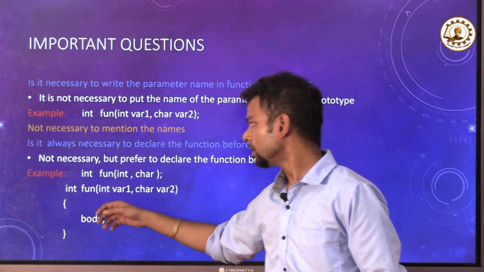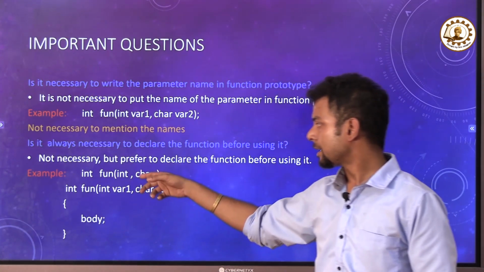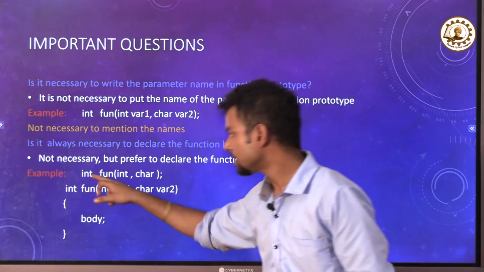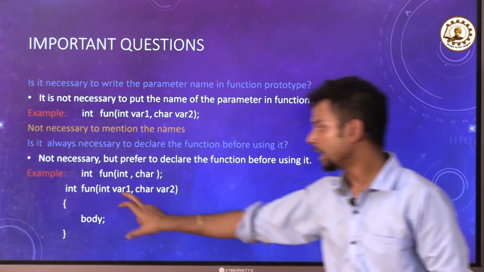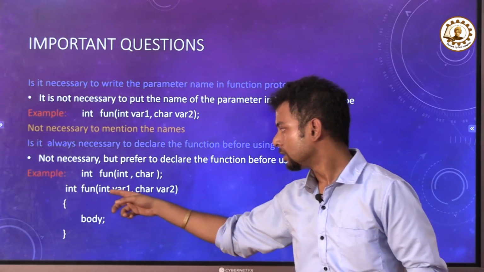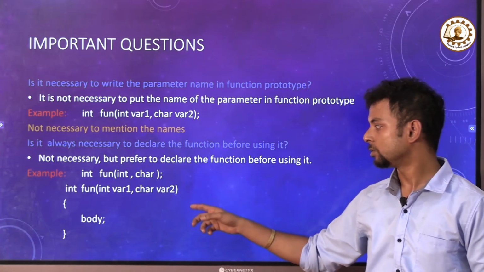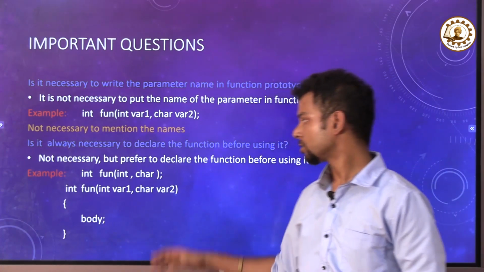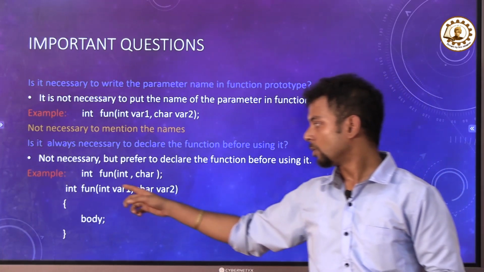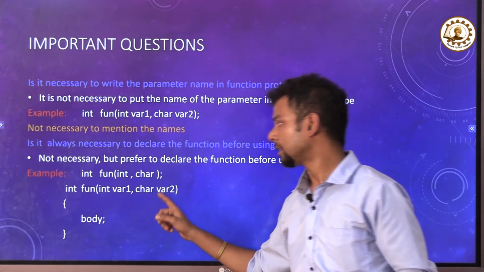Here, int fun, then we are passing parameters. One is of integer type, another is of character type. This is called the function prototype. Here we are defining the function, int fun, with int var1, and here we are writing the body. There are two different parameters, one of type integer, another of type character.